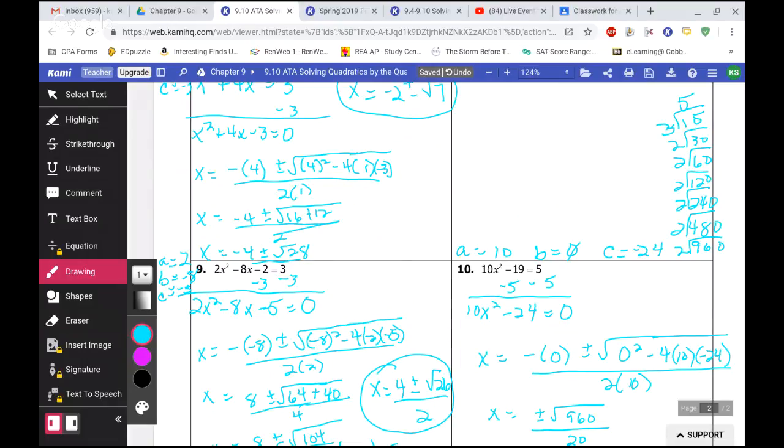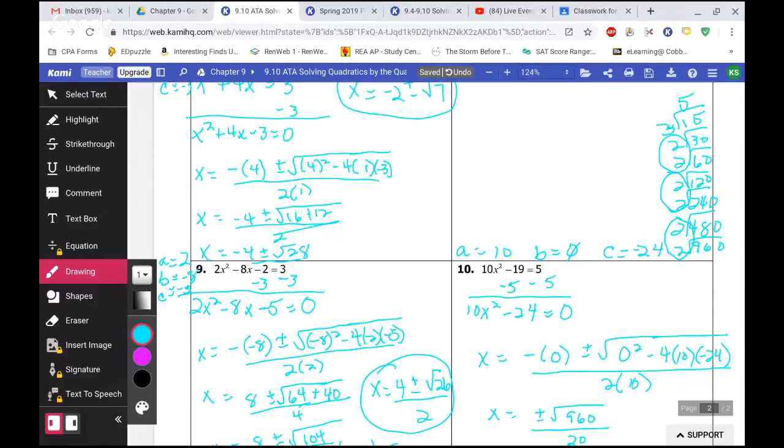So underneath the radical, you would have 2 times 2 times 2 times 2 times 2 times 2 times 3 times 5. What we're looking for is pairs, because pairs make squares. So I have a pair of 2s, another pair of 2s, and a third pair of 2s.